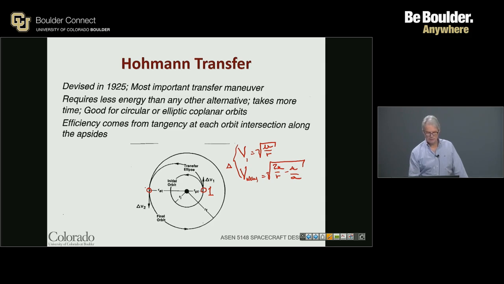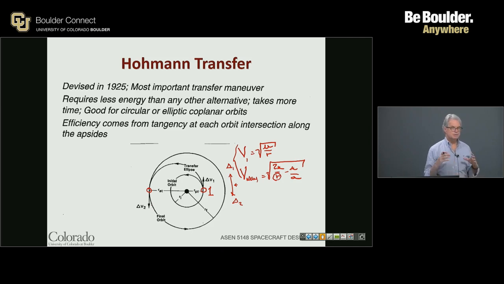We know what the velocity is on the ellipse because essentially we've calculated here, and we just have to change r to get the velocity on the transfer ellipse, and then we have to calculate using the original expression with the new r what the velocity is on a circle, take the difference, and then we have delta v1, delta v2. Now we know by adding these together the sum of the velocity changes to get us out to a circular orbit.